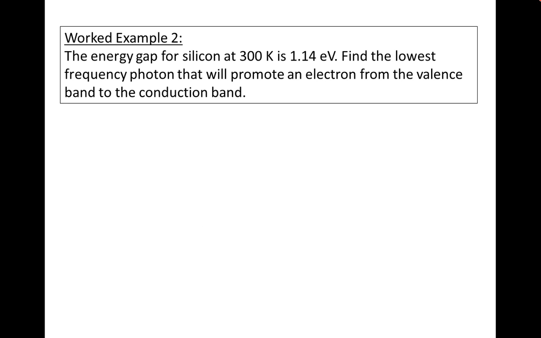The energy gap for silicon at 300 Kelvin is 1.14 electron volts. Find the lowest frequency photons that promote an electron from the valence band to the conduction band.